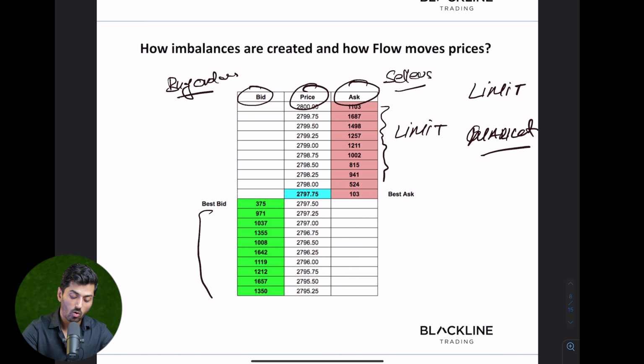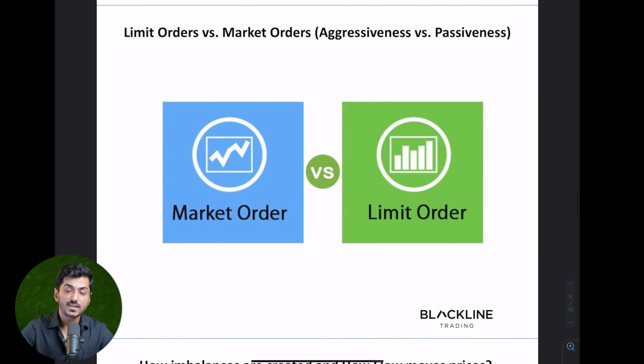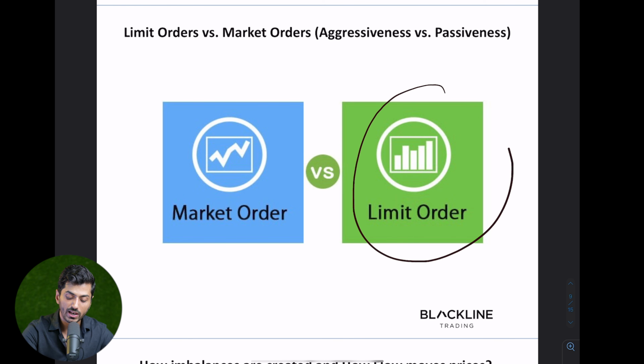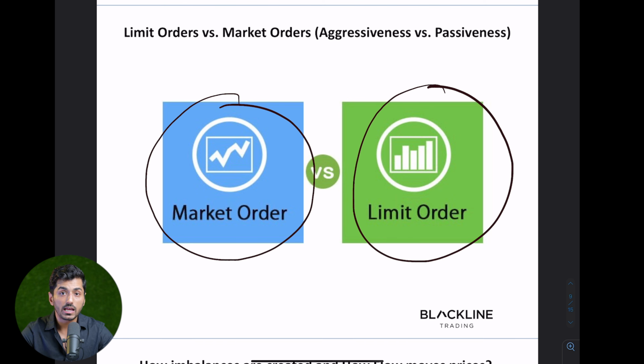On the left side, all of these guys are basically limit order buyers, right? And why is it important? Limit order guys will literally wait for hours. They will place their order and wait for the price to come to that point, and then they get filled. So that is the idea of a limit order. Versus a market order, which is basically all of the folks who are very, very aggressive about the price, right?